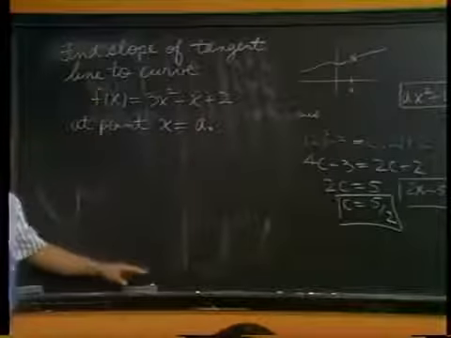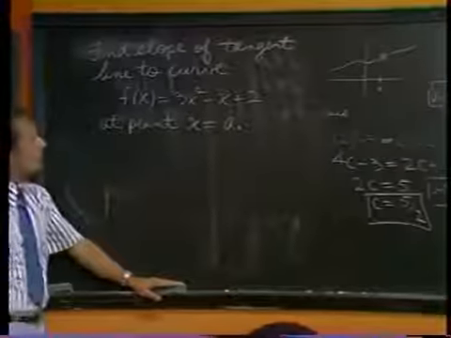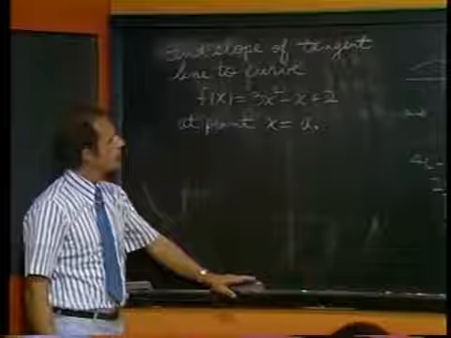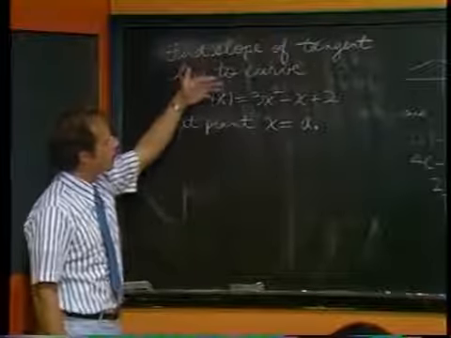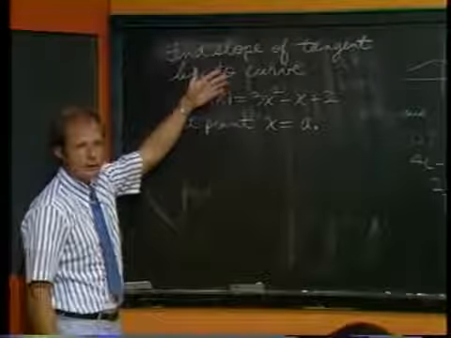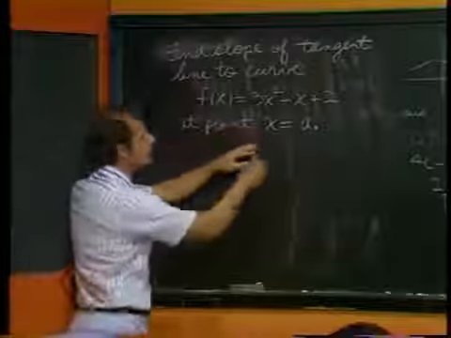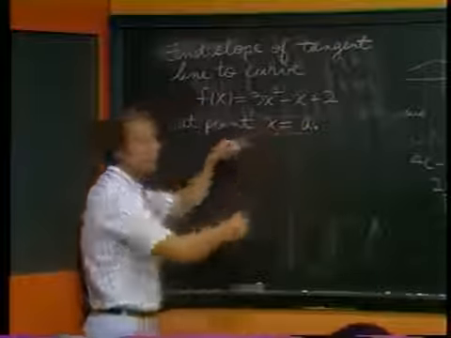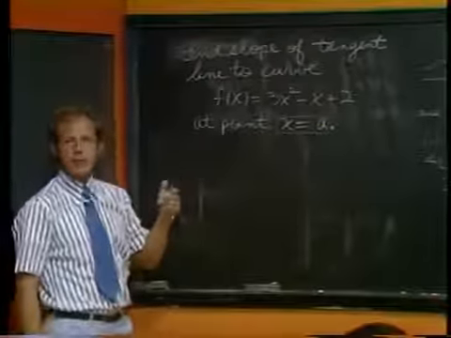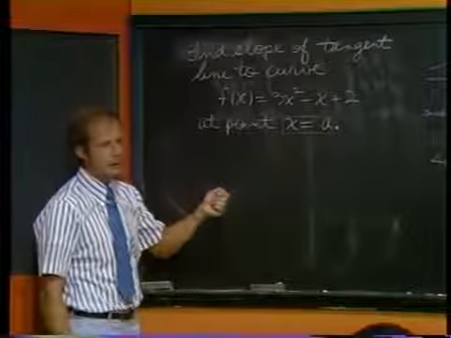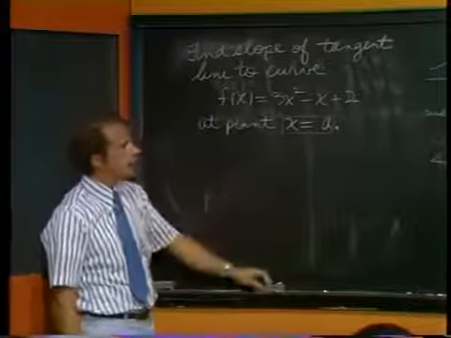And we've actually had a couple of problems like this before. The main idea, of course, is to find the slope of a curve, which is the slope of a tangent line to the curve. The difference in this problem is that we're to find it at any number a, not a specific number like 2, but any value whatsoever.